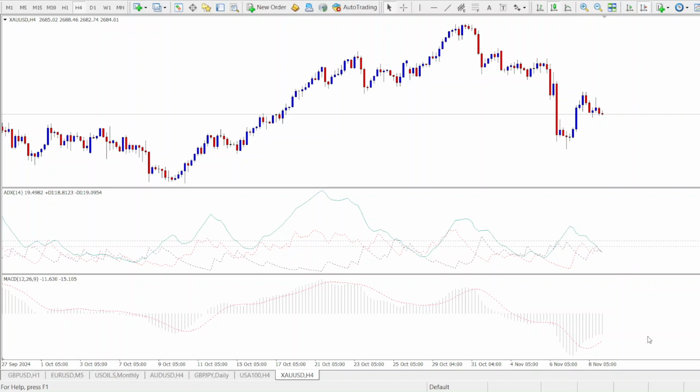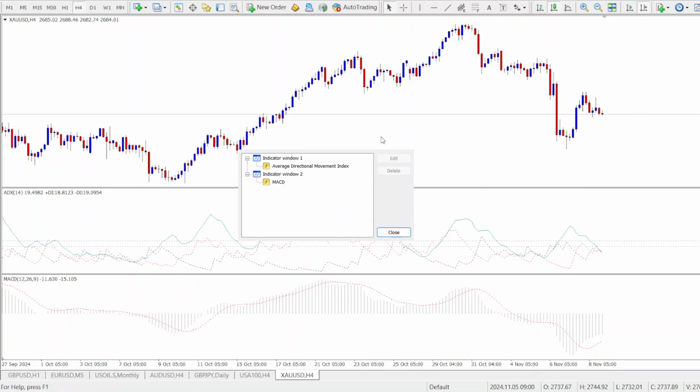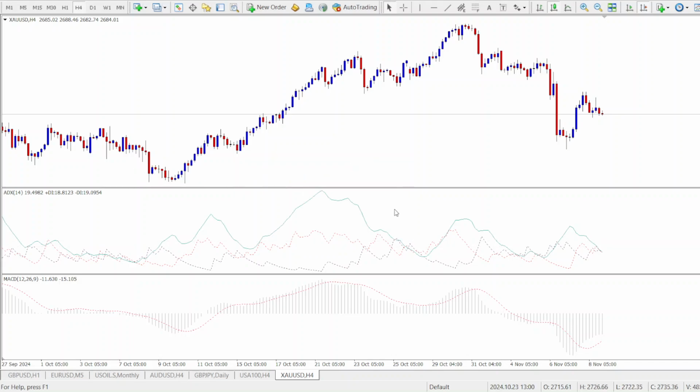Now, the ADX, let me just set the ADX to its default settings. All right, so this is the default settings for the ADX.